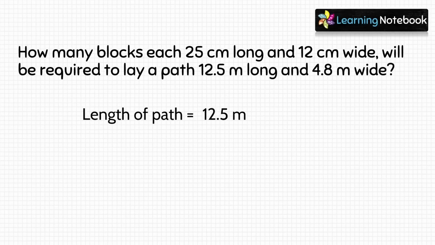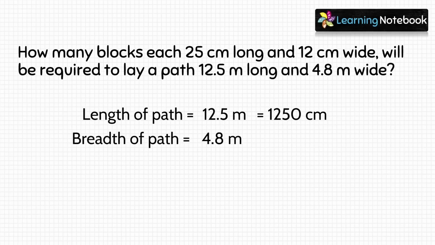Length of the path is given as 12.5 meters. Let's convert it into centimeters. We get 1250 centimeters. Similarly, breadth of path is given as 4.8 meters. So in centimeters, it will be written as 480 centimeters.